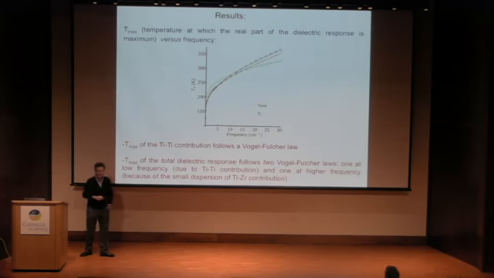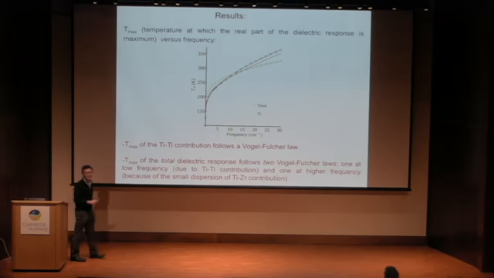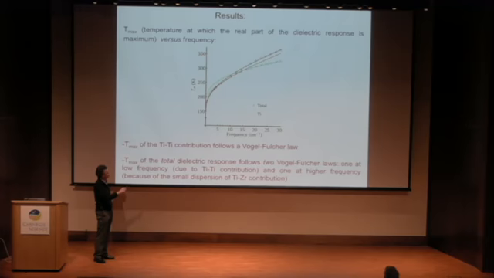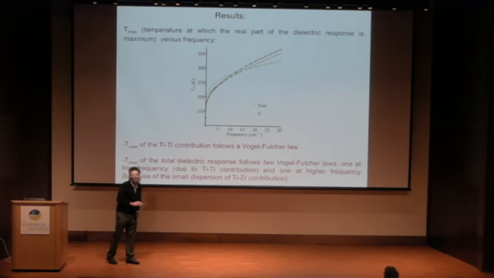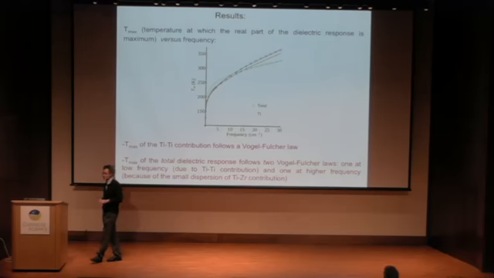Let me focus on the titanium-titanium response. You see that there is a fit going through it. This is basically a Vogel-Fulcher fit, and if we look at the titanium-titanium sublattice, the response is a complete Vogel-Fulcher relation. It's very interesting because, for example, the HN frequency is Arrhenius, but the Tmax is Vogel-Fulcher.